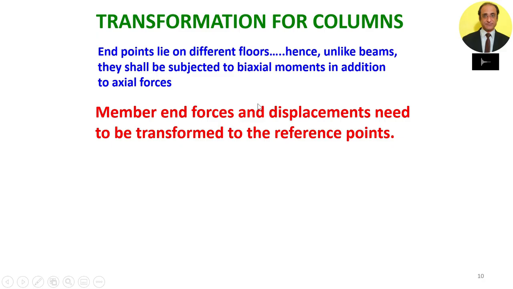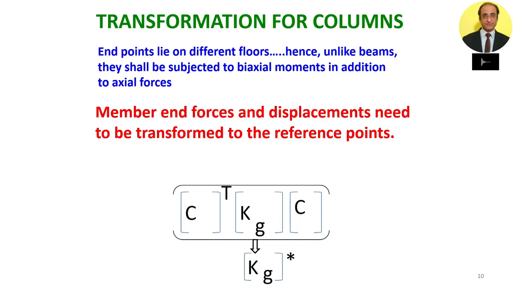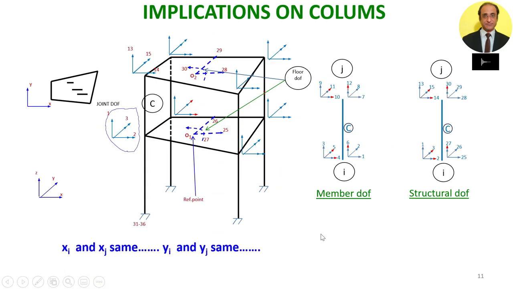However, the member end forces and the displacements need to be transformed to the reference points because the floor degrees of freedom are being considered at the reference point only. So from the two endpoints of the column, the displacements and the forces need to be transformed. The unique feature of columns is that, being a vertical member, the x and y coordinates at the two ends of the column are one and the same. So xi and xj will be the same, yi and yj will be the same.